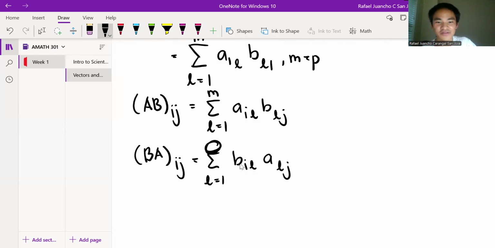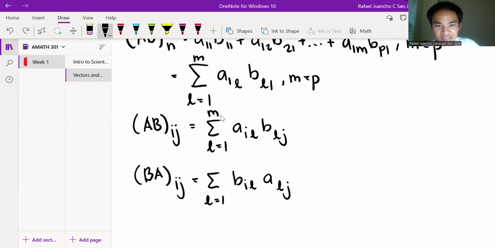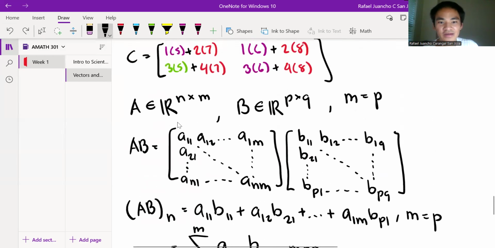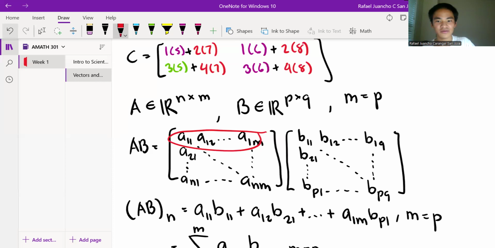Now, what's this part? Well, this was M, right? Why was it M? Remember when we characterized this, we were doing it until we reach this M here. So we're doing that piece of getting the dot product until we reach M. Now here we're doing it until we get Q. So that's how many times we're doing it.